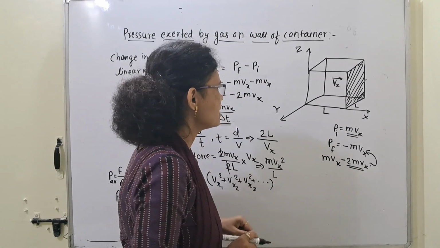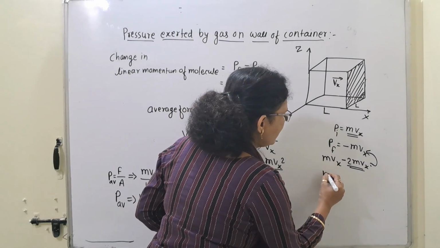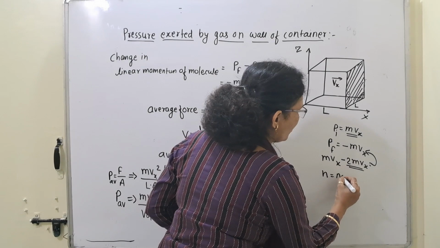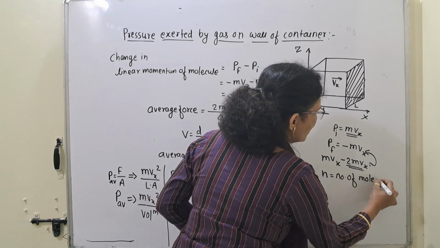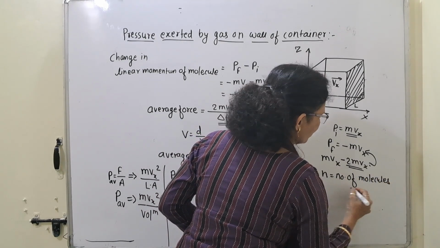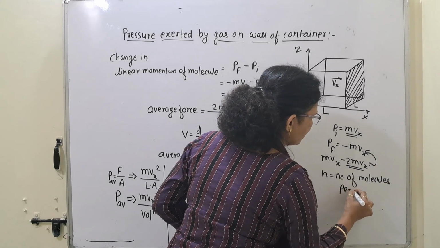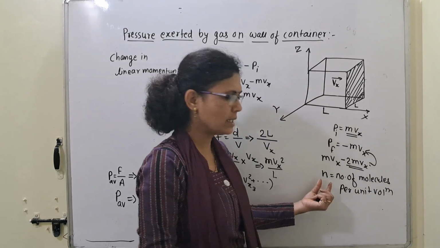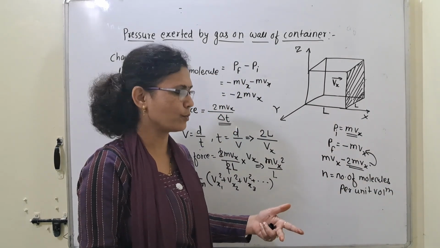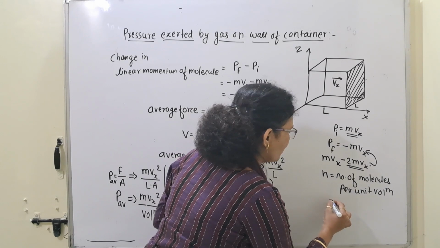Here one assumption is there, that small n is nothing but the number of molecules per unit volume. N is the number of molecules per unit volume. So what will be the total number of molecules?